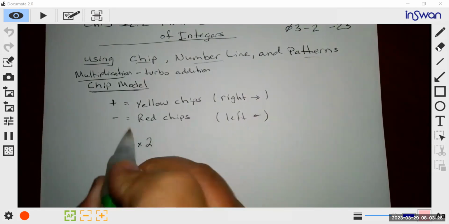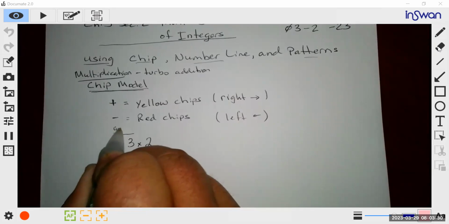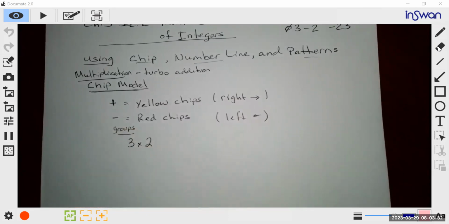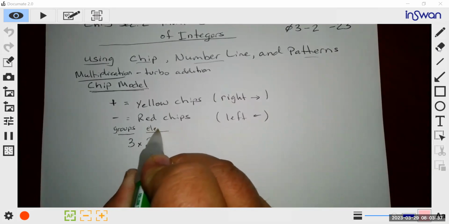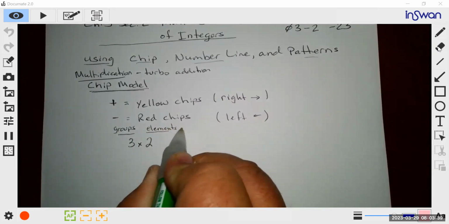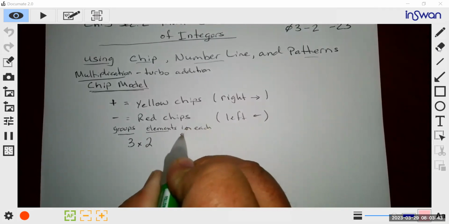Typically, the way we look at this, the first number is the number of groups. The second number are the elements in each group.